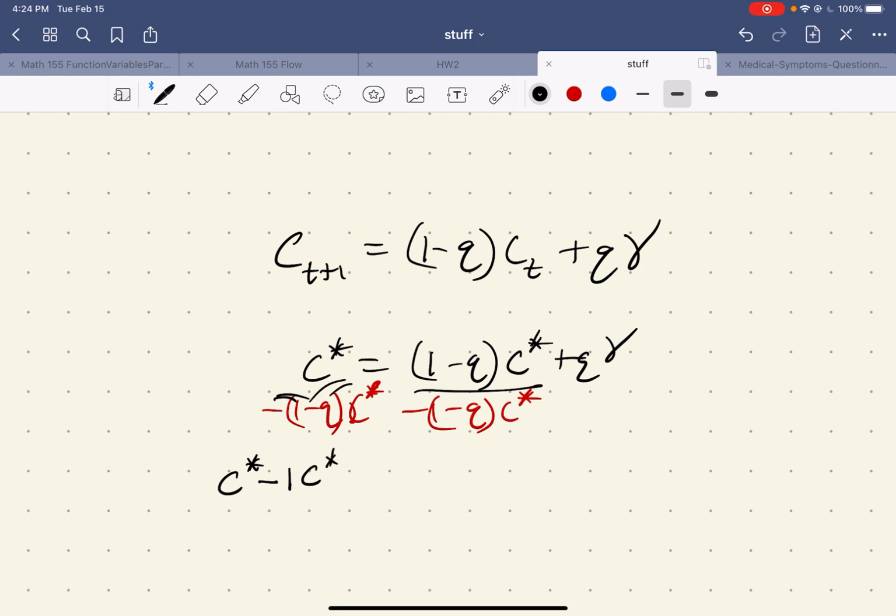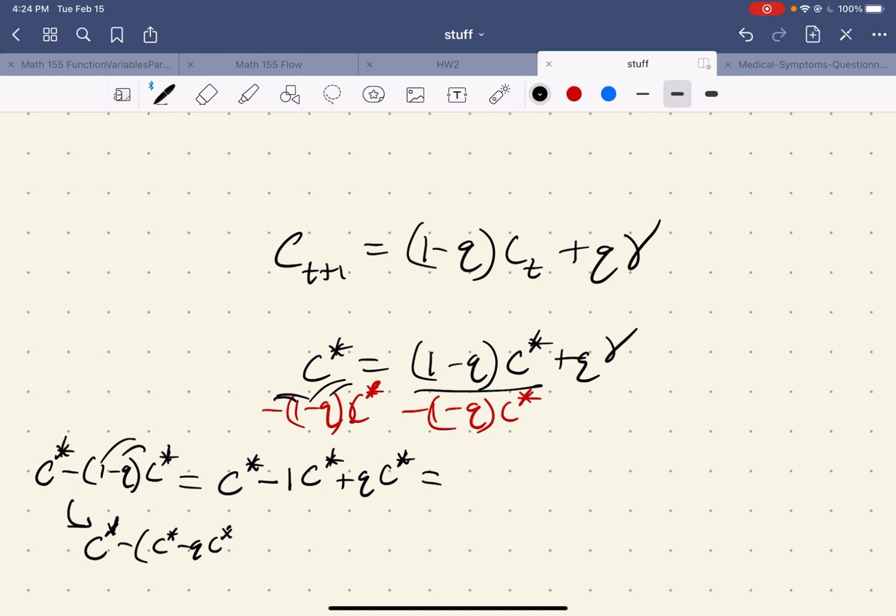I'll have minus 1 C star plus q C star. So that'll be my left-hand side. Maybe I should have done that in 2 steps. So let's take it back from one. I have C star minus (1 minus q) C star. I could distribute the C star first if I want. So now I have C star minus C star plus q C star. And then I can distribute the negative if I want, and then we're here. Okay. So anyway, here's my left-hand side.